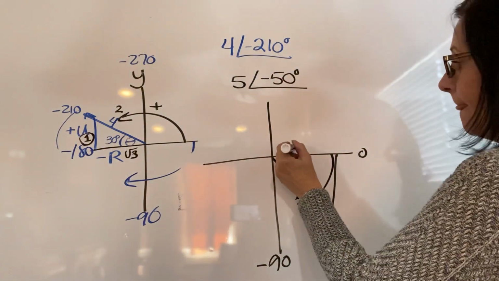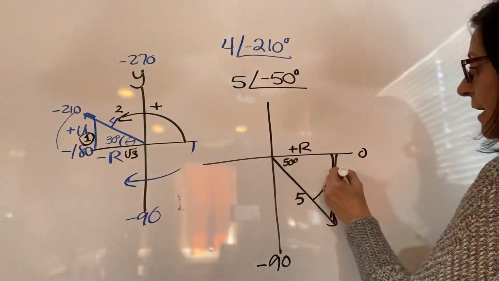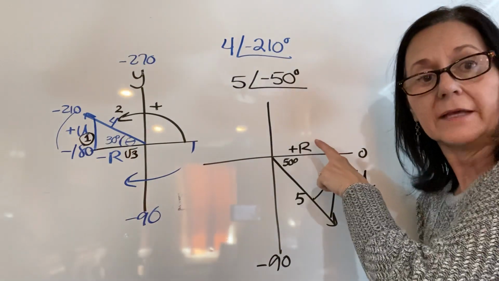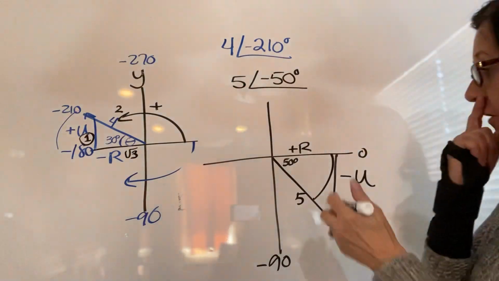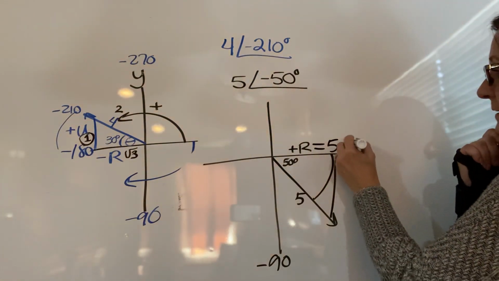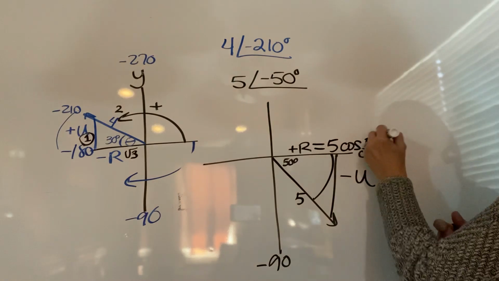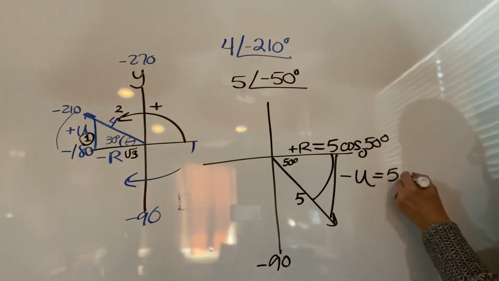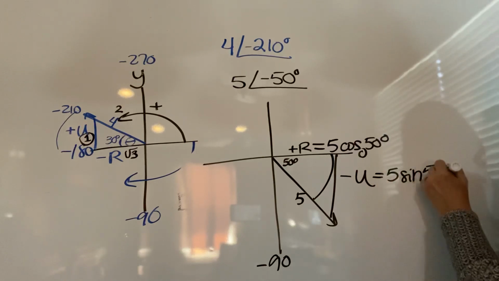My R is going to be positive. My U will be negative. I use the cosine to solve for R. R is 5 times the cosine of 50 degrees. U, remembering it's going to be negative, is going to be 5 times the sine of 50 degrees.